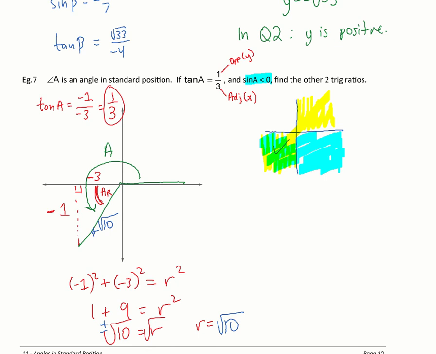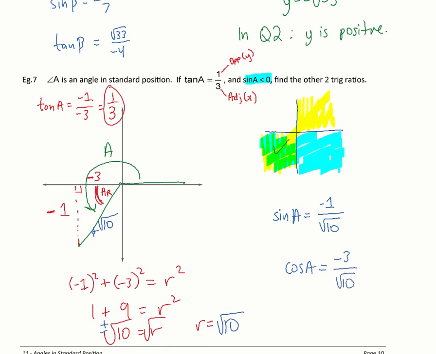So then sine of A would be opposite, negative 1, over hypotenuse or r, which is root 10. And cos of A should be negative 3, adjacent, over hypotenuse, root 10.